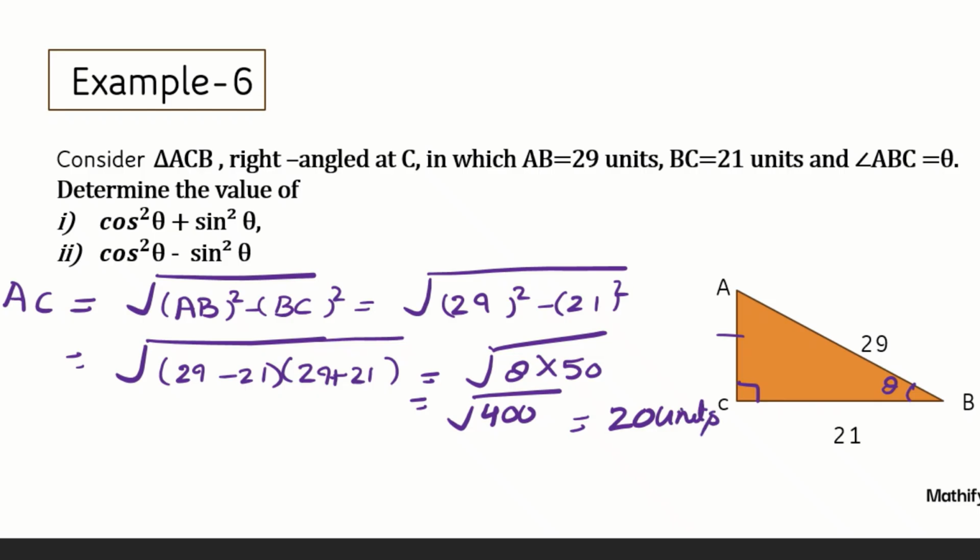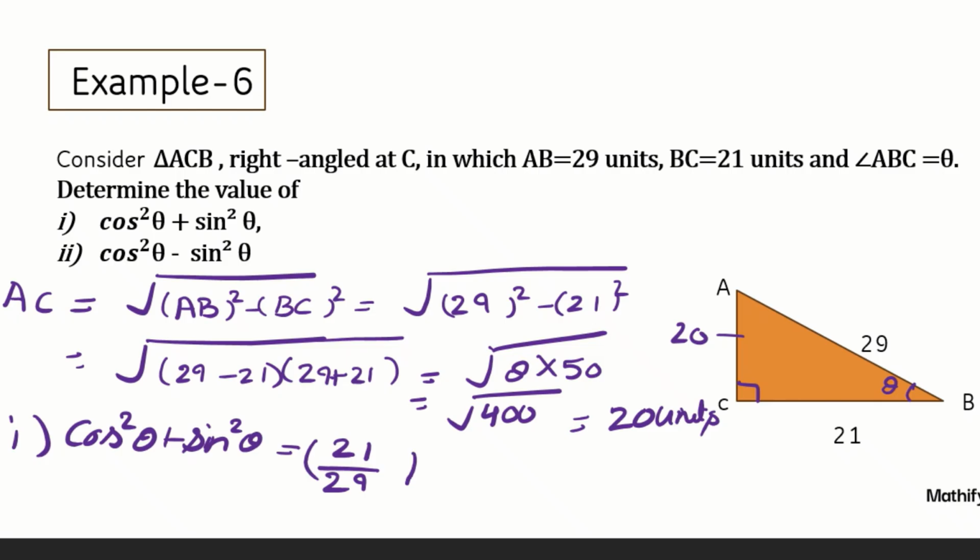Okay. Now first what we have to find? Cos squared theta plus sin squared theta. Cos theta will be equal to adjacent over hypotenuse, that is 21 over 29, and sin theta will be opposite over hypotenuse, so it will become 20 over 29.